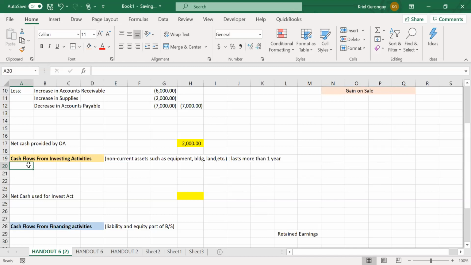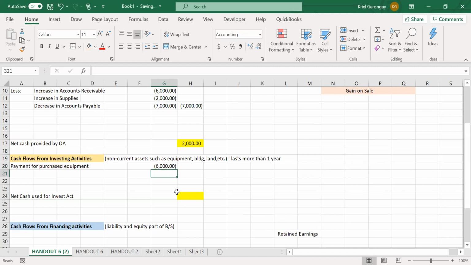And so to account for this transaction, we're just gonna put payment for purchase of equipment. Since we paid cash, or we spent cash, that means there's a cash outflow. So I have to put it as negative 6,000.